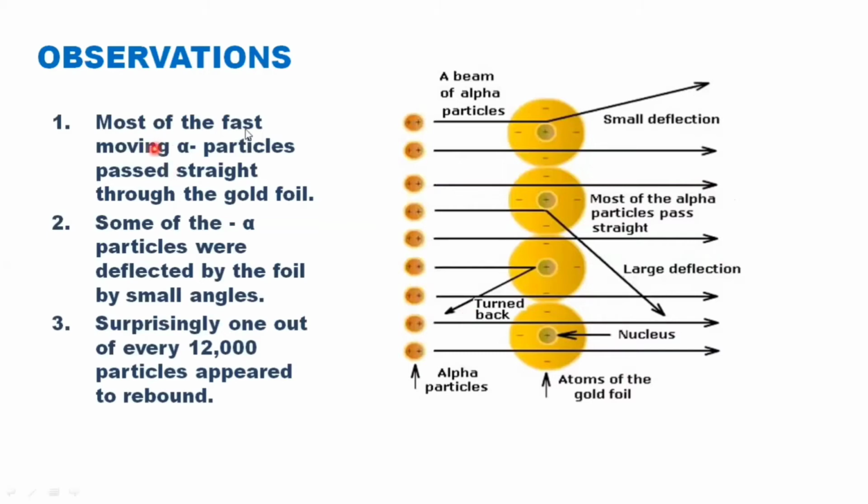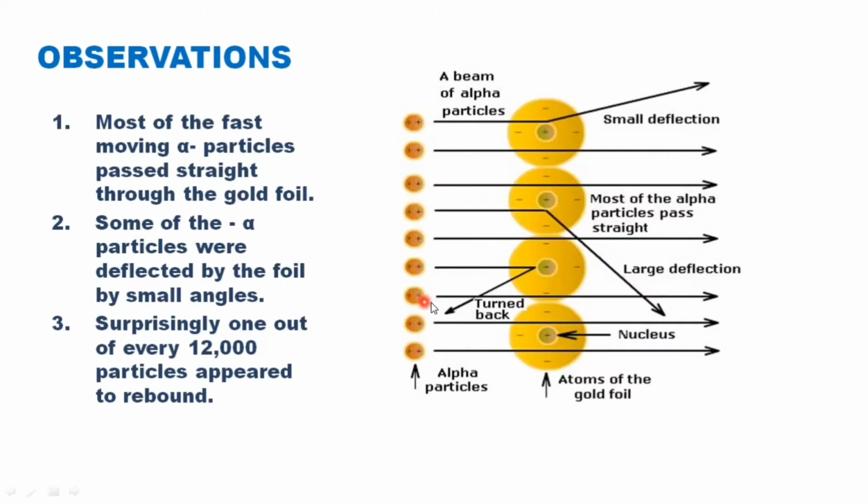Most of the fast moving alpha particles passed straight through the gold foil. As you can see here, most of the alpha particles passed straight through the gold atoms. Here one, here also this alpha particle moving straight, here also you can see.